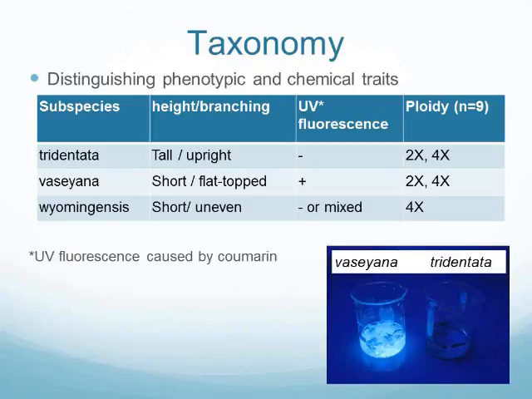And finally, probably most important to a lot of the lands that we manage is wyomingensis. It tends to have morphology like vaseyana, but oftentimes has no or mixed UV fluorescence, and it's thought to be entirely tetraploid.